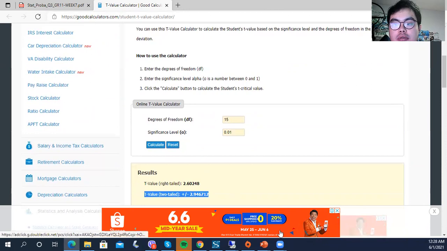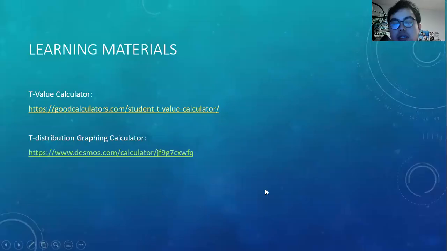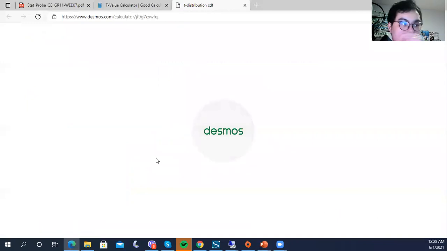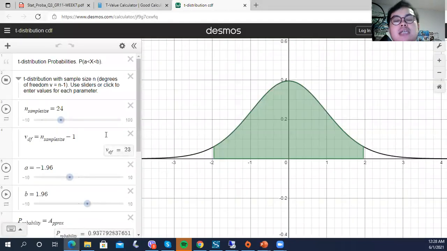Okay, so now we're going to use the graphing calculator of the t-distribution, which is Desmos. As we see, we can control the sample size.